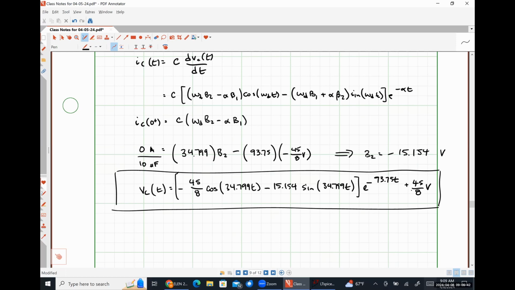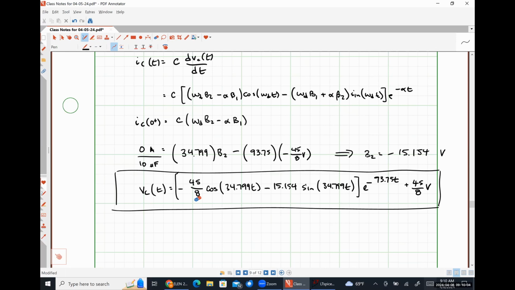Yeah. And just as a double check, we know that VC at 0 should have been 0, so this 45/8 and this 45/8 cancel each other out. Thank you for that. Just making little dumb mistakes, and Sebastian's here to catch literally all of them. Good for him. All right.